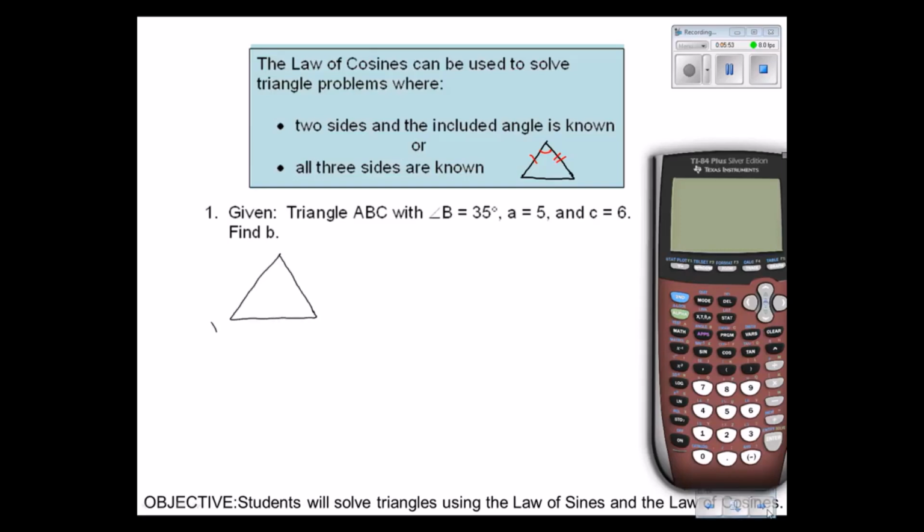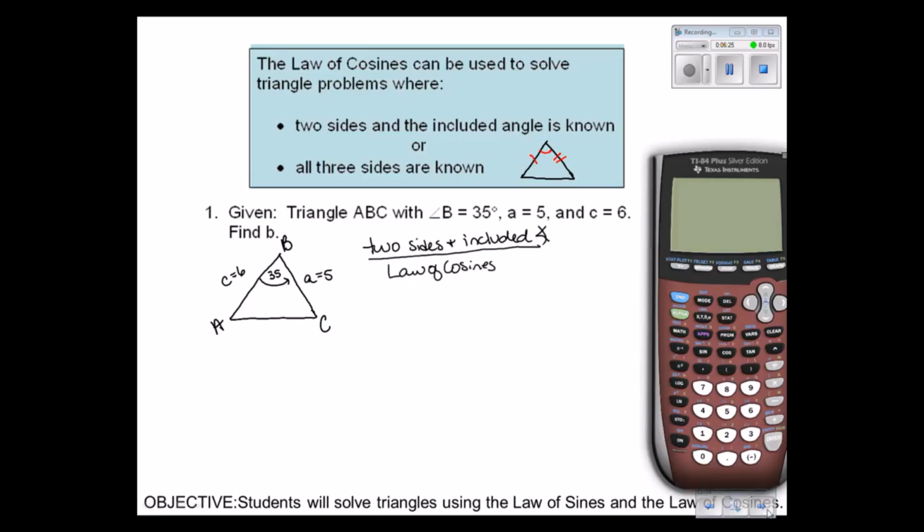I'm going to draw it and label it just as we've been doing. It tells me angle B is 35 degrees, little a is 5, little c is 6. So what's labeled there are two sides and the included angle. Anytime you have two sides and the included angle, it's law of cosines.